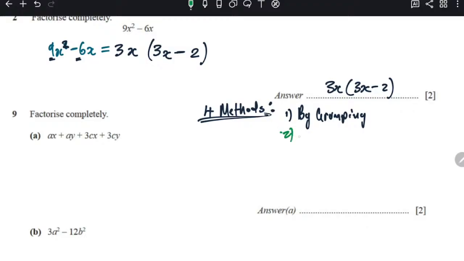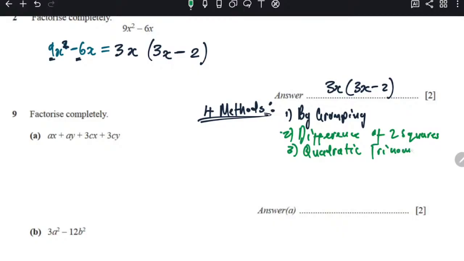Number 1 is by grouping. Number 2 is by difference of 2 squares. Then number 3 is when we factorize quadratic trinomials. Then the last one is the basic factorization.